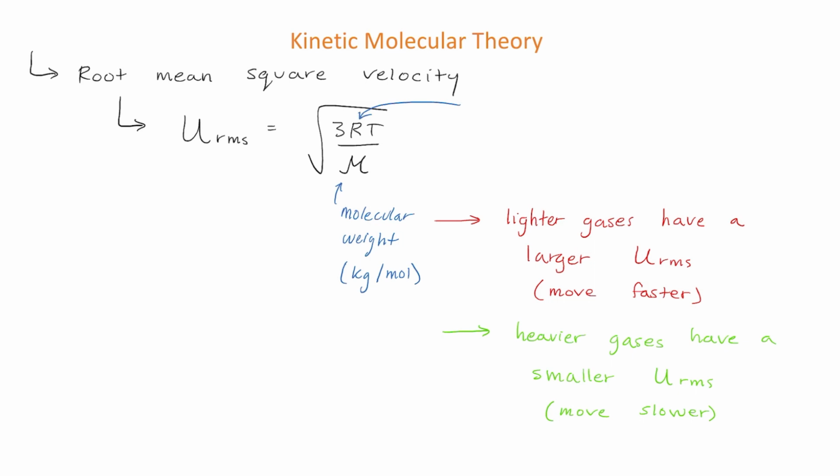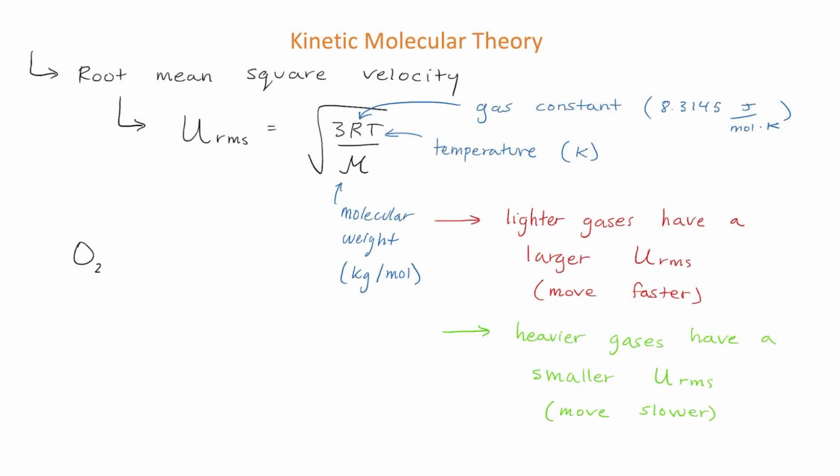We've got R, which is our gas constant, and for this equation you have to use an R value of 8.3145 joules per mole per Kelvin. And then we have T for temperature, and your temperature has to be in kelvins. And when you do your calculations, the root mean square velocity will have units of meters per second. So it has the same units as velocity.